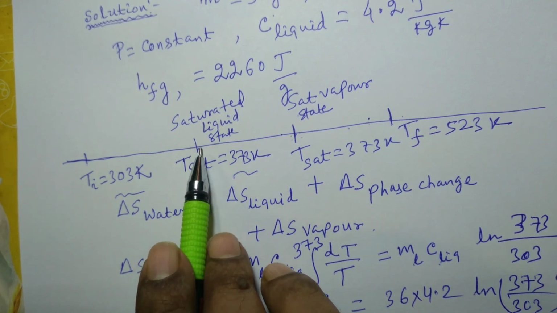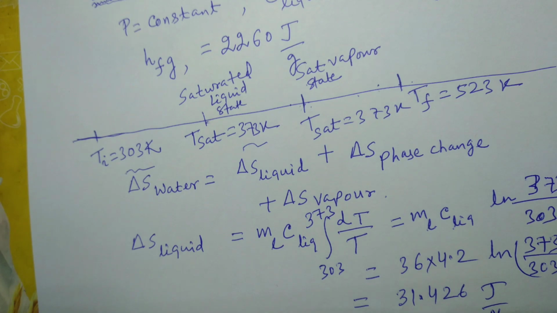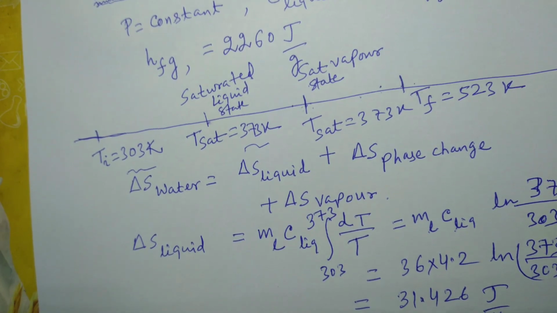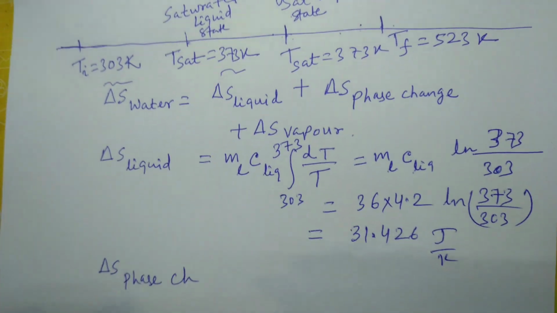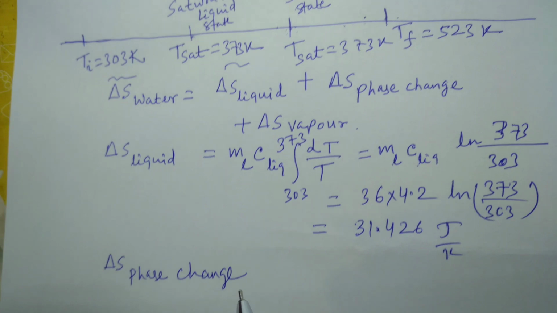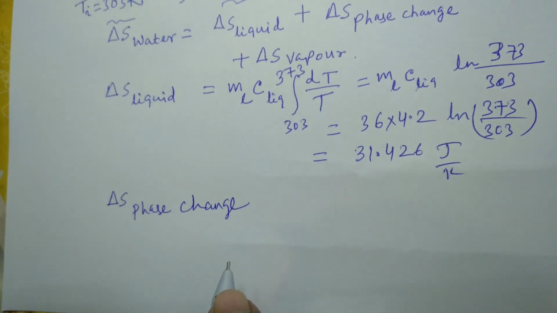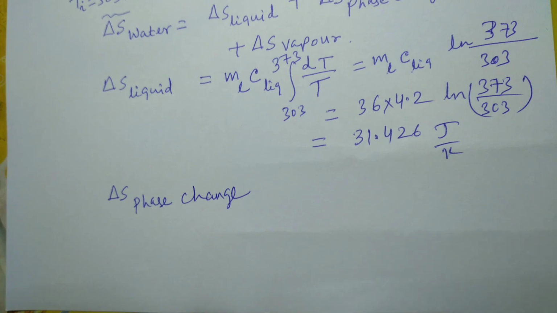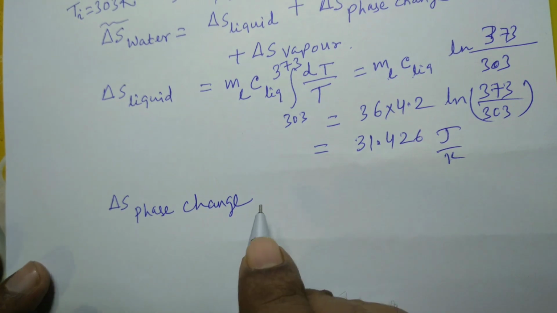So when the phase change of water takes place, when it is converted from saturated liquid to saturated vapor, what is the change in entropy? During phase change, the temperature remains constant, as it happens in case of an entropy change of a reservoir. Whenever you add heat or reject heat from a reservoir, its temperature doesn't change. So at that time, you just divide the heat added or rejected by the temperature of the reservoir. Similar thing happens here.